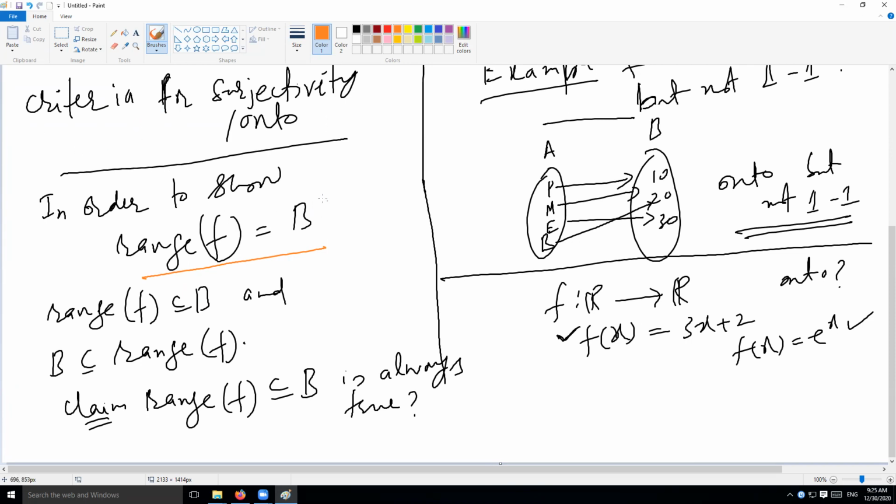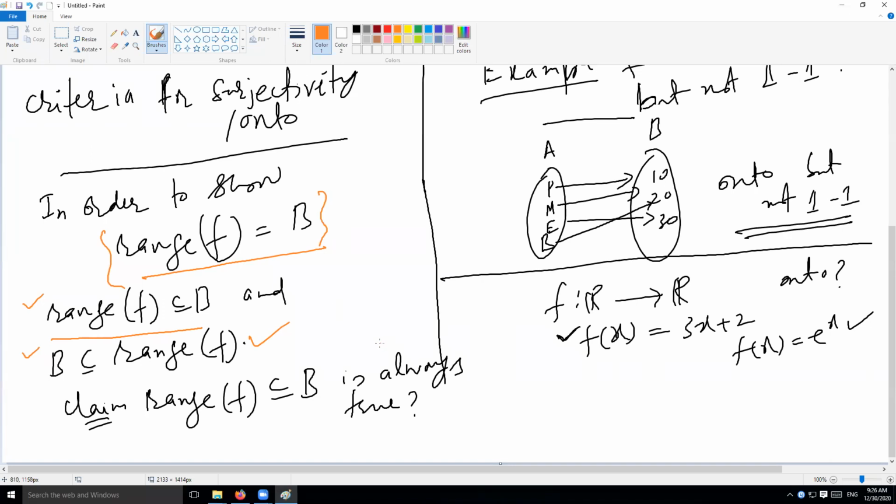That's what I have to basically show in order to show that a function is onto. If I have to show that range of f is equal to B, then I have to prove these two conditions. My point is there is no need to prove this condition. When you want to prove the equality, just prove this.